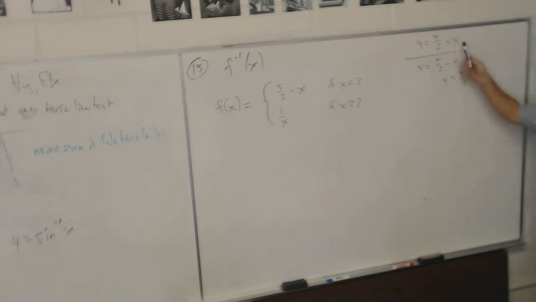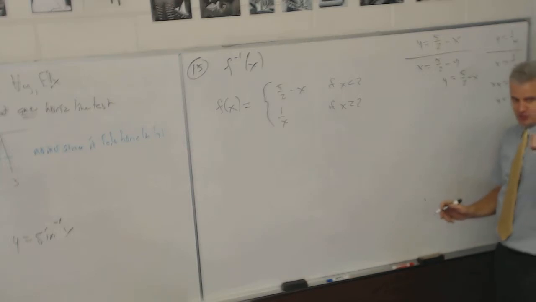This is a curve whose inverse was the same as the original, because this particular curve is symmetric about the line y equals x. And the inverse is the reflection across the line y equals x, and you get itself. If we take y equals 1 over x, swap, cross multiply, get the y alone. This also has the same inverse function as the original. Okay?